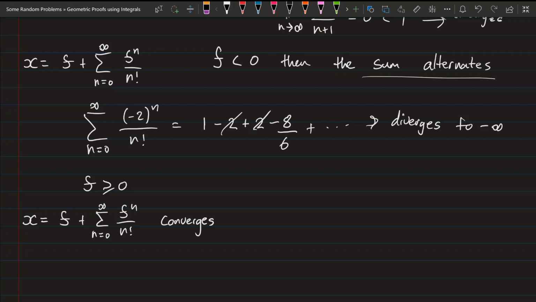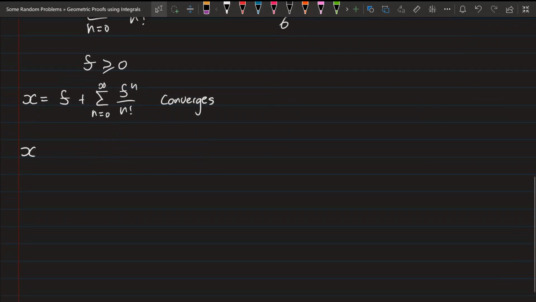But here's the beautiful thing about this function. If I take the first two terms, expand the first two terms, we get 1 plus 2f plus the summation of f to the n over n factorial. In fact, it's not from n is 0 because we've expanded our first two elements. Let's go from n is equal to 2 to infinity. It's still the Taylor polynomial.